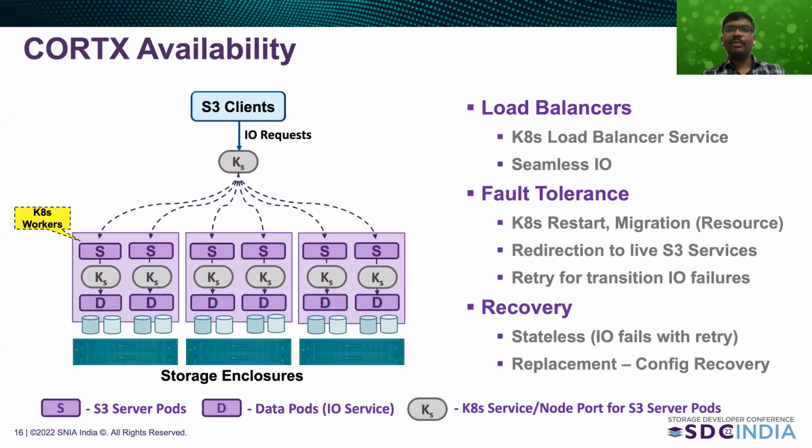CORTX relies on the load balancer for availability in case of S3 server process failures. It offers seamless IO experience to the user by redirecting traffic to other live S3 servers. For better availability, S3 server retries IO operations in case of transient device or network failures.